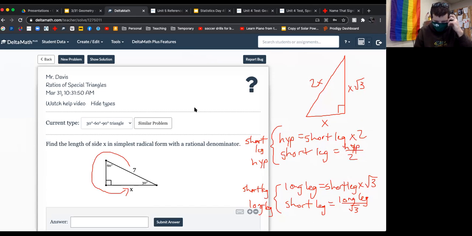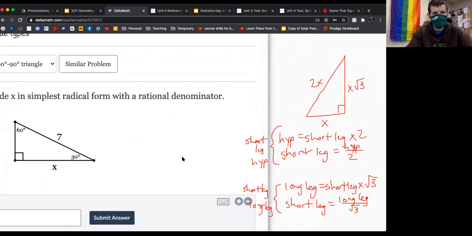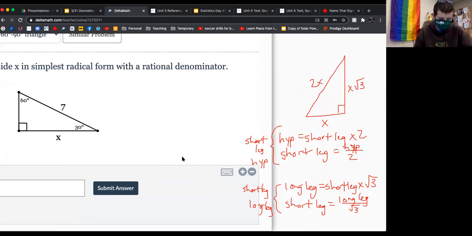Okay, so to solve for the short leg, what are we going to do? Divided by 2.